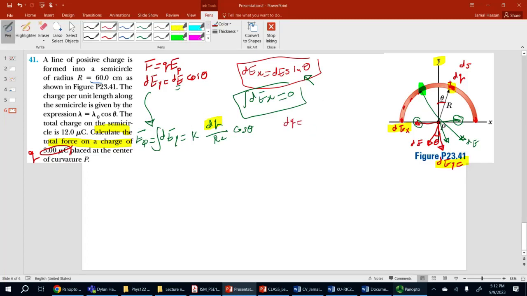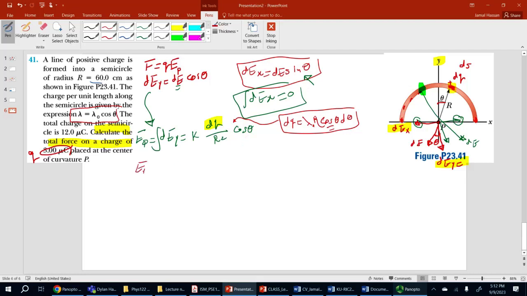We know dq is equal to lambda ds, but lambda is lambda naught cosine theta, and ds is equal to r d theta. Remember, we have cosine theta and there is another cosine theta, so it's going to be cosine squared theta.